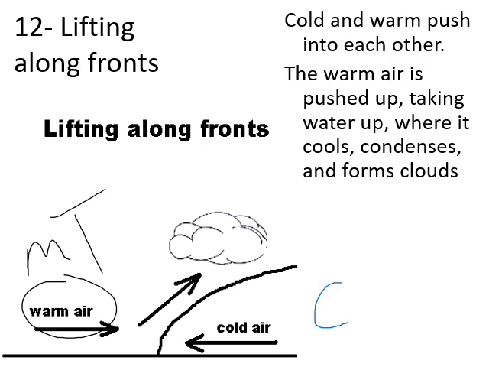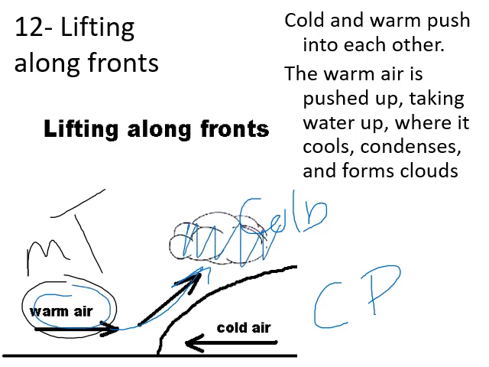Well, if we get a continental polar air mass that is trying to push its way south, and these two meet, well, warm air rises. So what's going to happen is the warm air gets pushed up over the top of the cold air, which of course makes it colder, and it's already colder up high. And so my warm, wet air condenses to form a cloud.